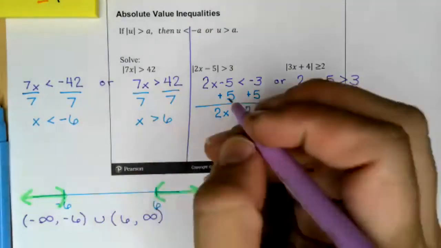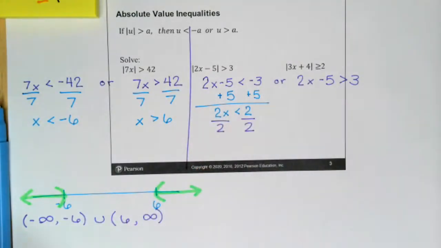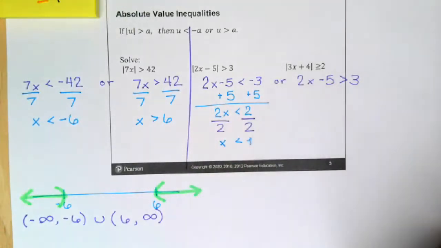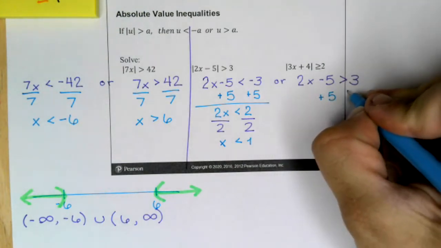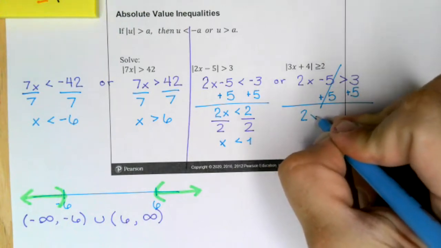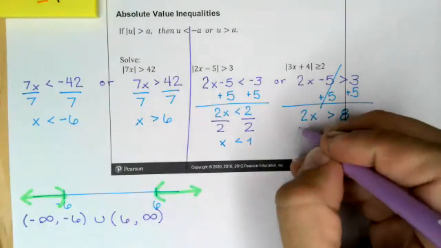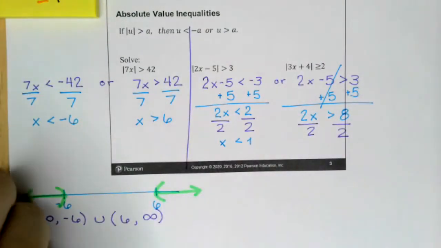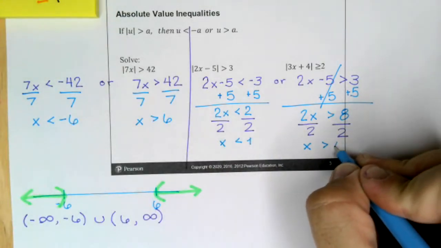Divide by 2. Divide by 2. X is less than 1, right? Same thing over here. Add 5, add 5. 2x is greater than 8. Divide by 2, divide by 2. X is greater than 8 divided by 2 is 4.